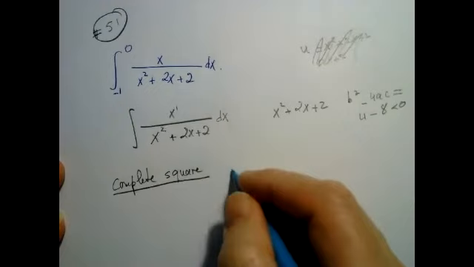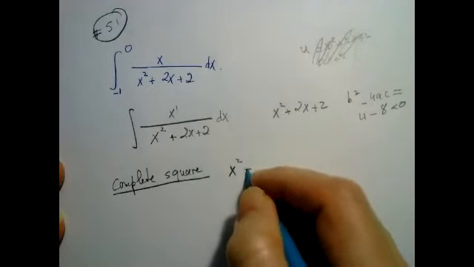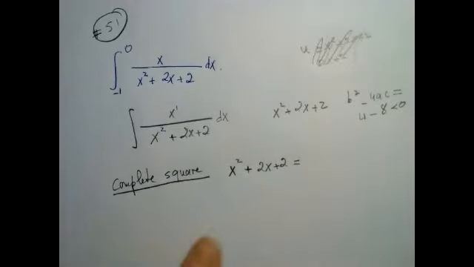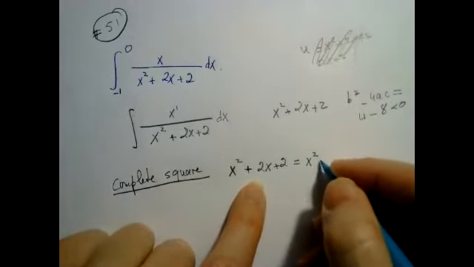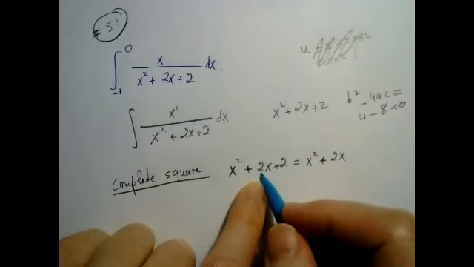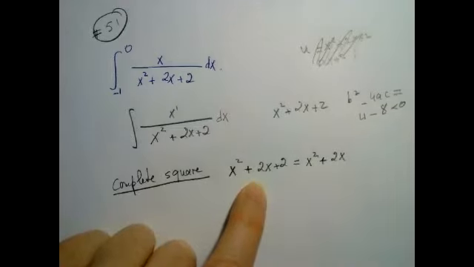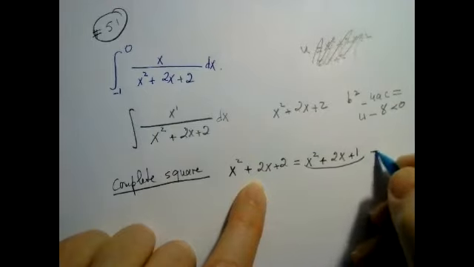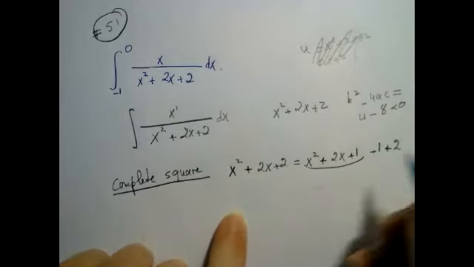Okay, so let us remember how we complete the square. So that's the expression equal to x squared plus 2x. Coefficient of x is 2, divided by 2, it's a 1. I add a 1. That's going to be my complete square. I take away 1 and I add 1.